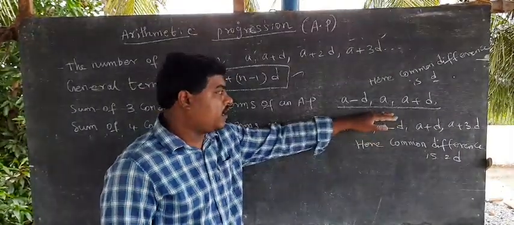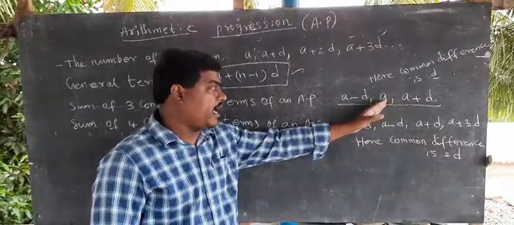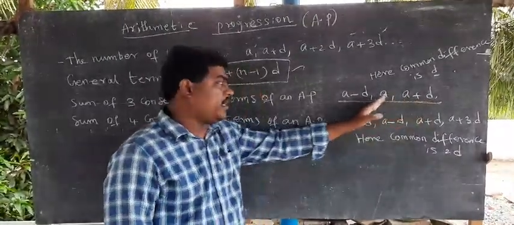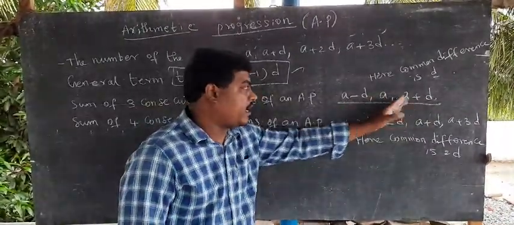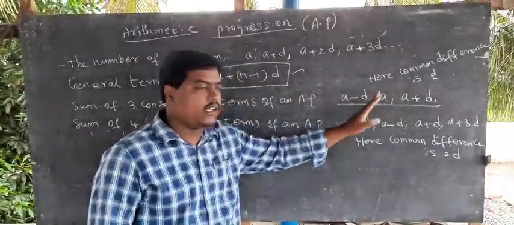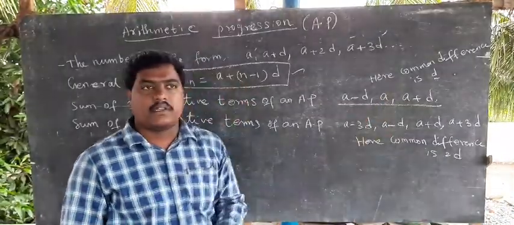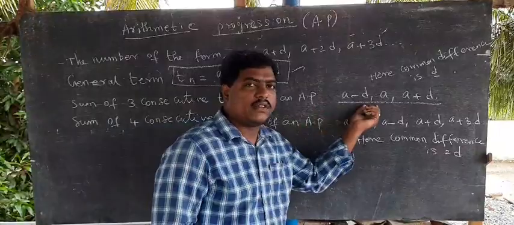For convenience we take A plus D on this side and A minus D on the other side. Here plus, here minus, both are balancing, and it is neutral. Like this we can find the solution very shortly.